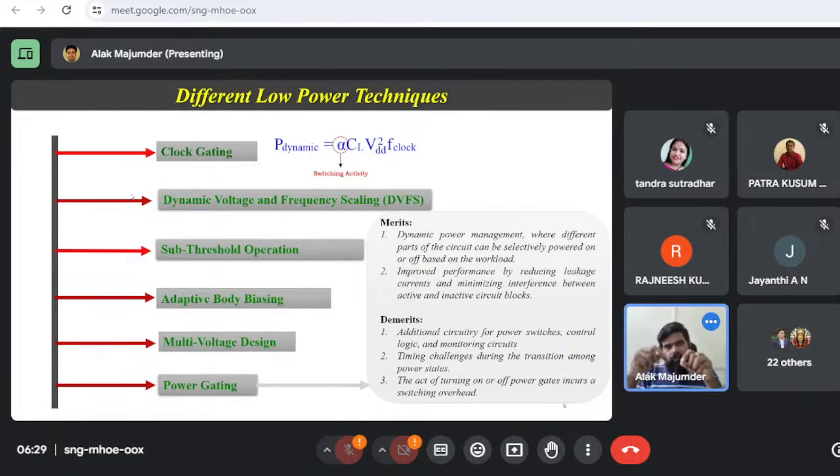Many L's are available. So L di/dt noise comes into the picture, which is nothing but supply noise. So we need to focus on how that supply noise can be minimized. Power gating has these issues, but for leakage power optimization, it is definitely a good technique.